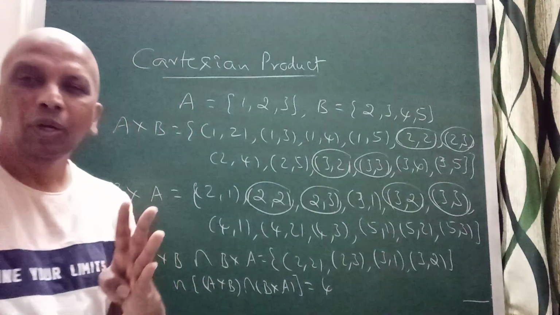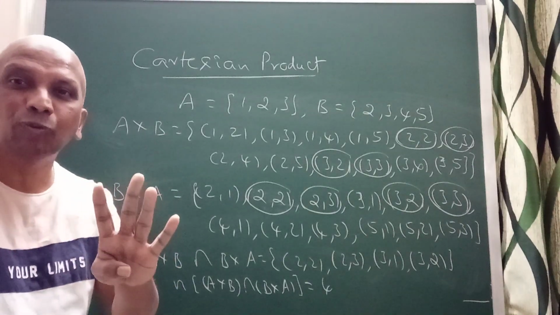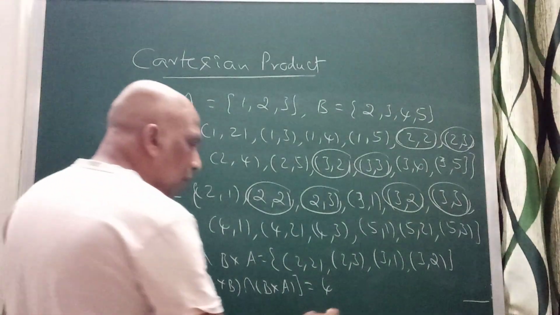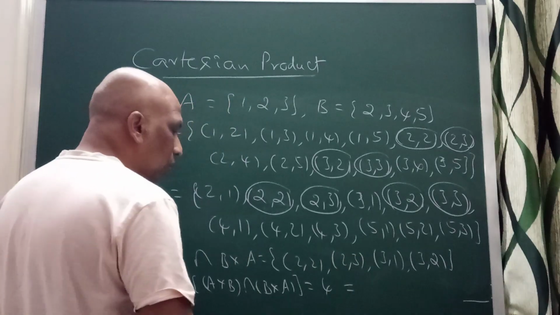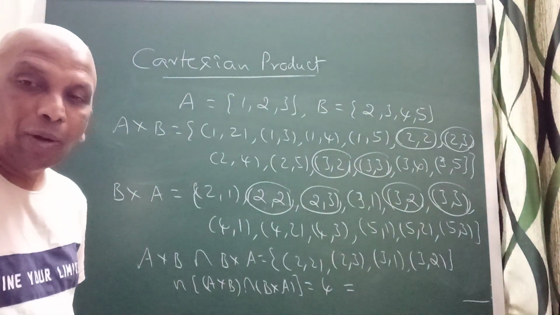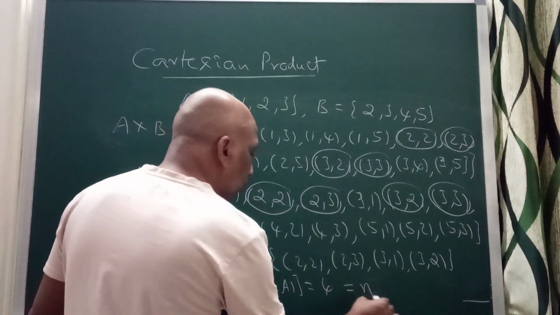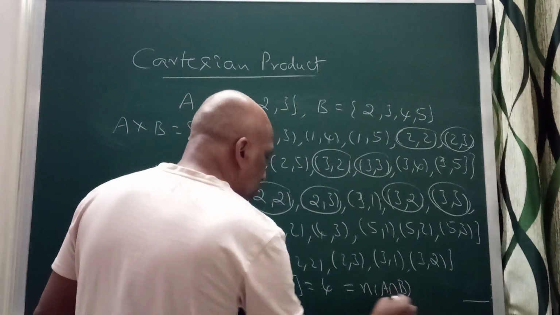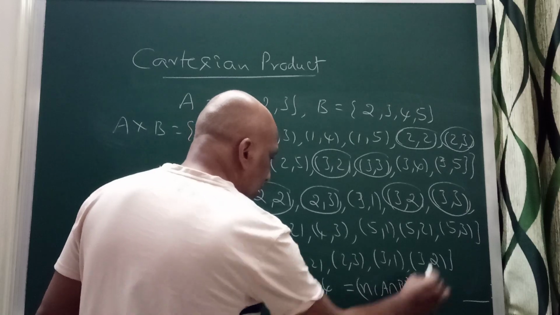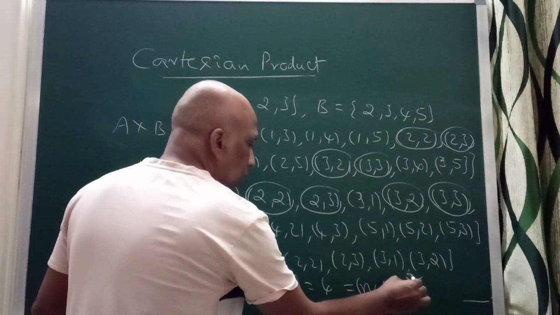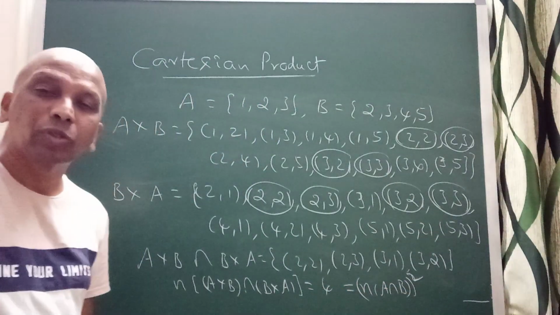Correct? This 4 is nothing but n of (A intersection B) whole square. You can check.